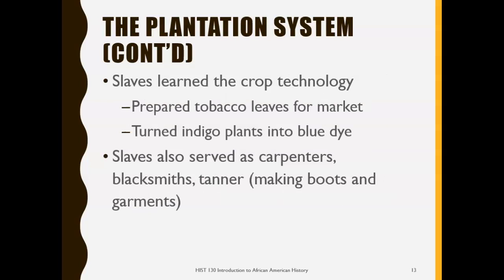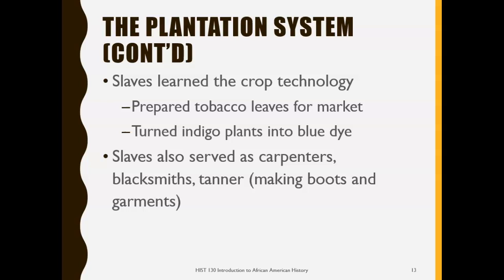Finally, concerning the tasks of the slaves on the plantation, the slaves had to do everything, and they had to learn the crop technology. So everything surrounding the production of a crop. For instance, on a tobacco plantation, in addition to planting the tobacco, they also had to prepare the leaves of tobacco for market.